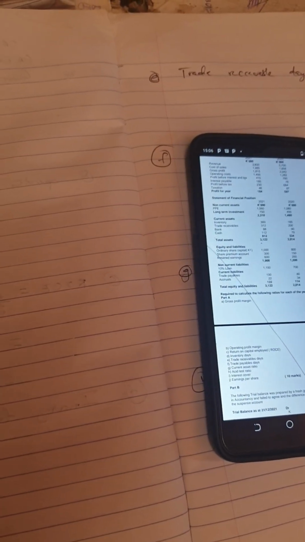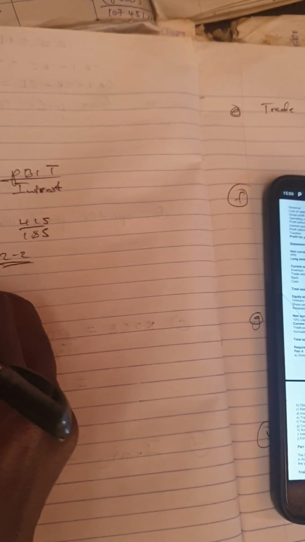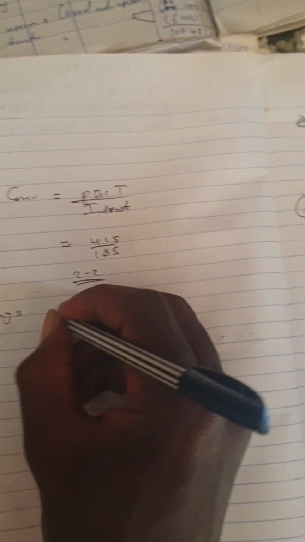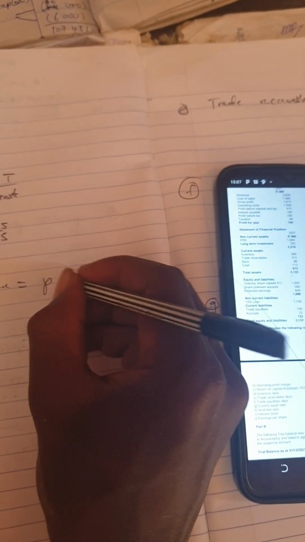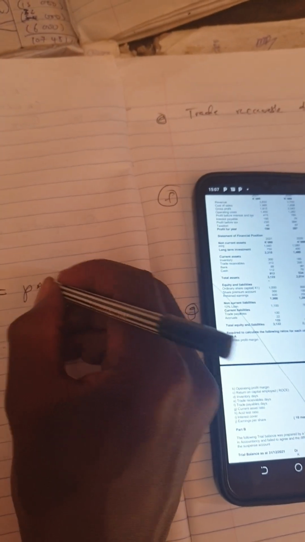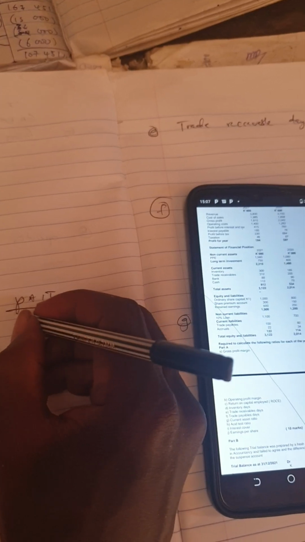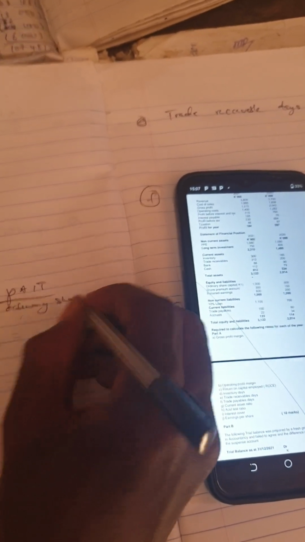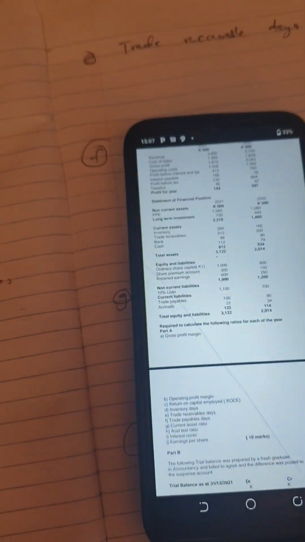Next, J, we have earnings per share. Earnings per share is our profit after interest and tax, or what we call profit for the year, divided by ordinary shares. With this, you just have to master the formulas, because formulas are a lot. So our profit for the year, in this case, was 184.